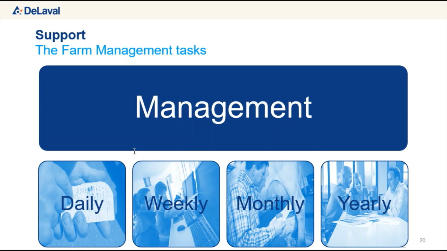Coming next, now we are talking about the reports. So reports, there are n number of reports by default, which you can utilize, which you can use on daily basis or weekly basis, monthly or yearly basis. So some reports we need on daily basis, like milk production or the ongoing treatment.